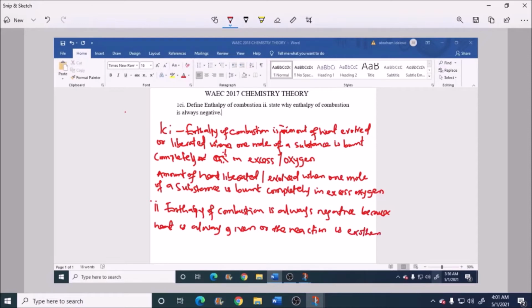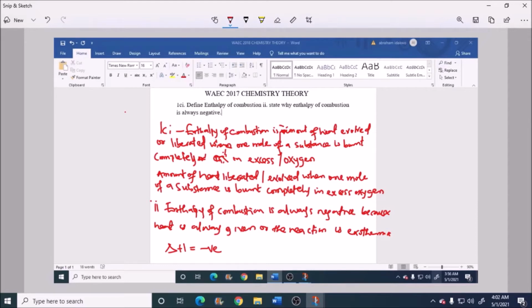Don't forget that in an exothermic reaction we have delta H equal to negative, that is heat is given out. So that is why the enthalpy of combustion always has a negative sign, because of the heat that is given out.